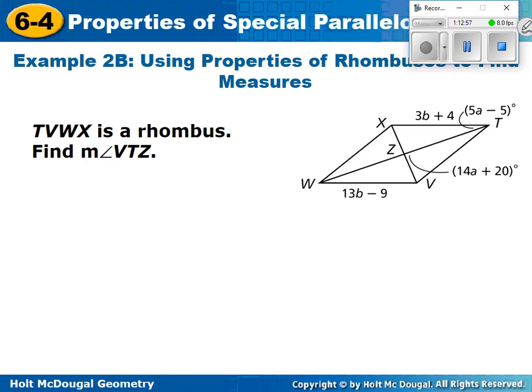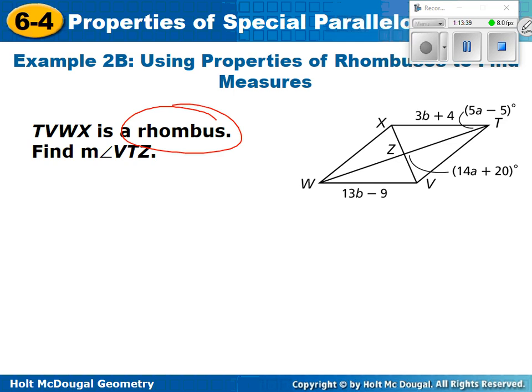Same thing, it's a rhombus. This one's probably the hardest one. Okay, so same picture, same problem.